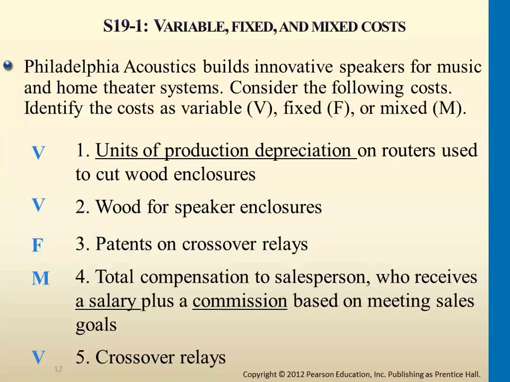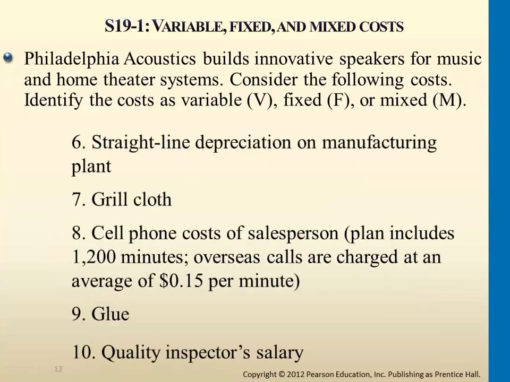Okay, now we have a few more. This will be obvious. This is number 6. Straight line depreciation, fixed. Okay, good. Grill cloth, variable, again, a type of materials that the system uses. Cell phone costs, mixed, we just talked about this.